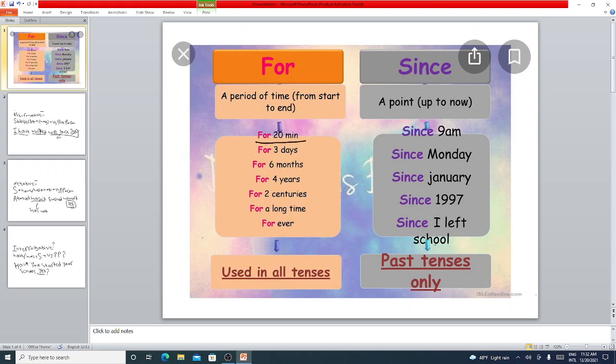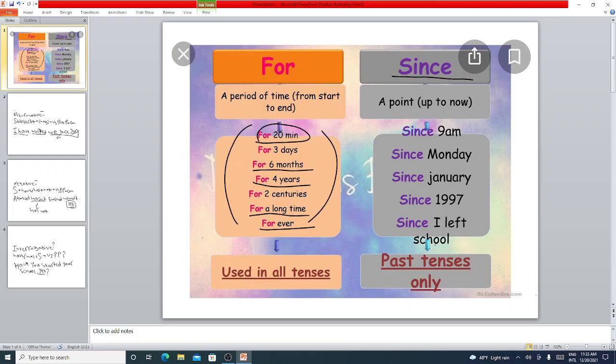For example, for 20 minutes, for 3 days. Let's take this example. I've worked here for 3 years, which means I've stopped working here because the period or the duration has come to an end or has finished. For 6 months, for 4 years, for a long time, and forever. Now notice, these are all finished actions or events, okay?